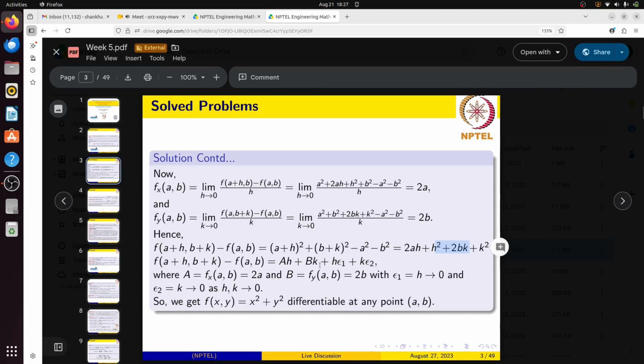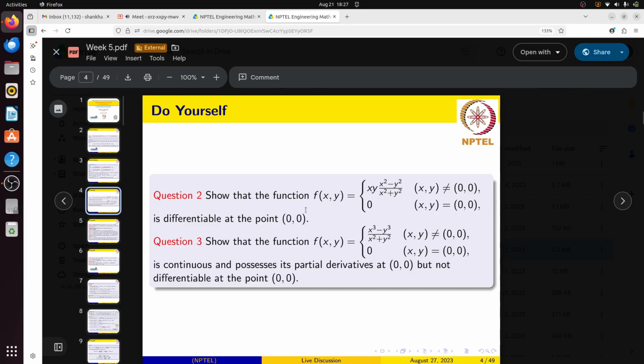Now you can see that epsilon 1 and epsilon 2 tend to 0 as (h,k) tends to 0. So we get that f(x,y) equals x square plus y square is differentiable at any point (a,b).